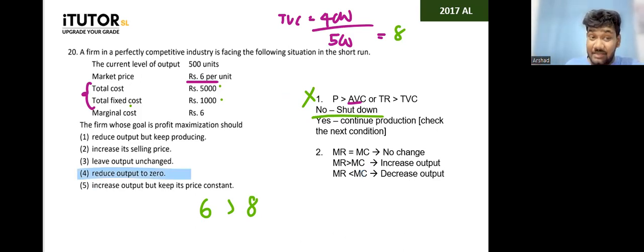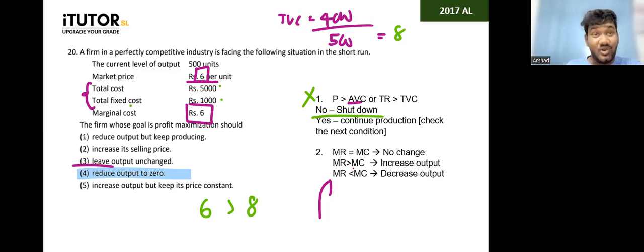But some people, without checking the first condition, directly go and check the second condition. So MR is 6, marginal revenue, that is the price. MC is 6. MR equals MC. So then what should you do? You should leave the output unchanged. Most people will go to option 3.